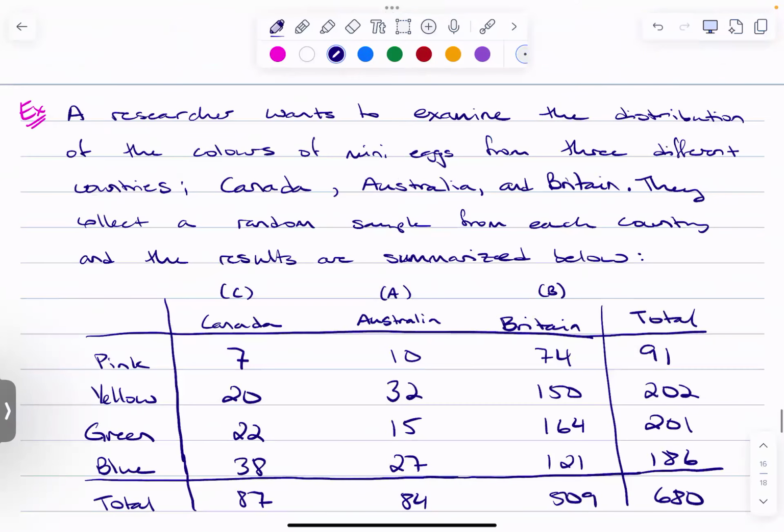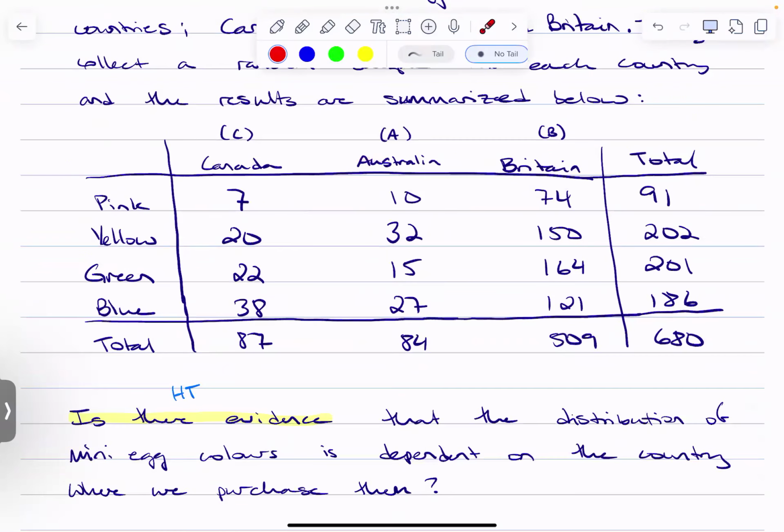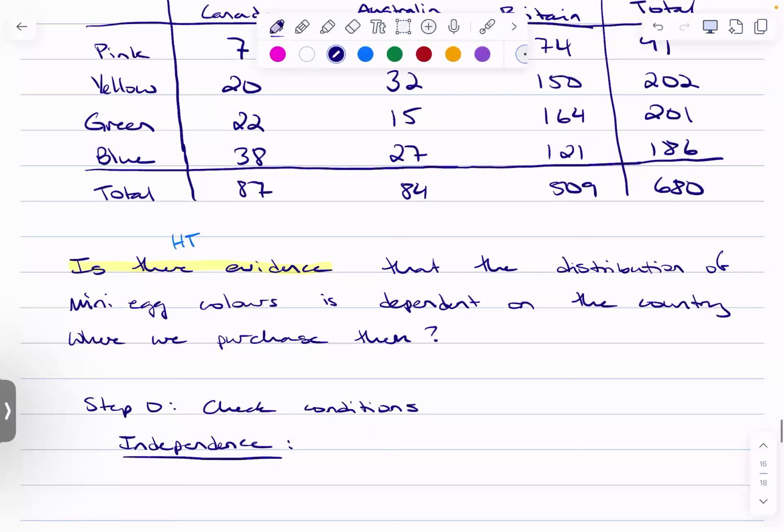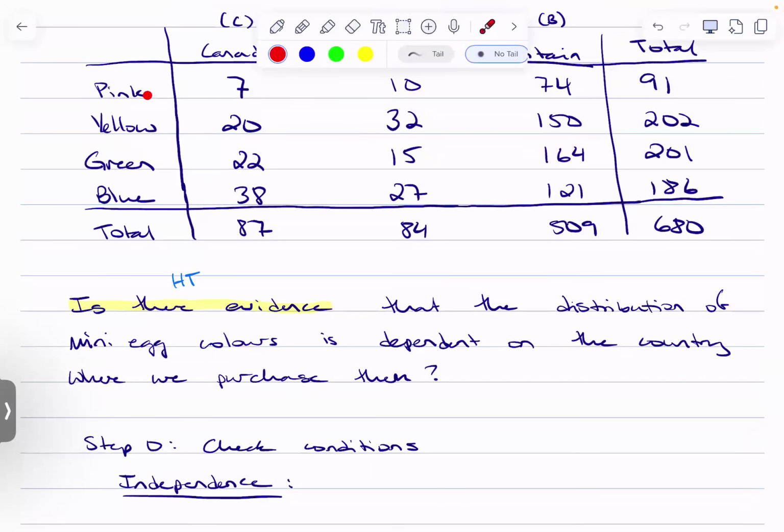We were told that they collected a random sample from each country. Okay? And each of these countries are disjoint and each of the colors are disjoint, right? And so all the outcomes in each variable are disjoint. Or rather, what should we say?